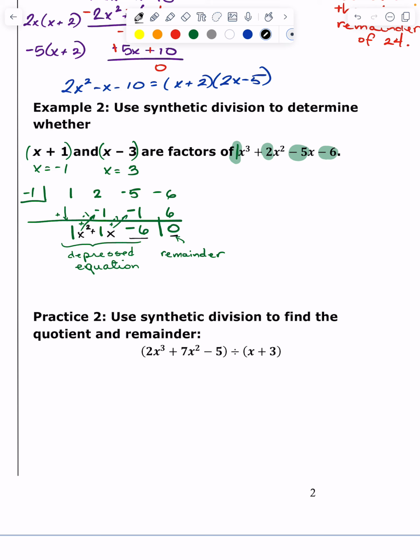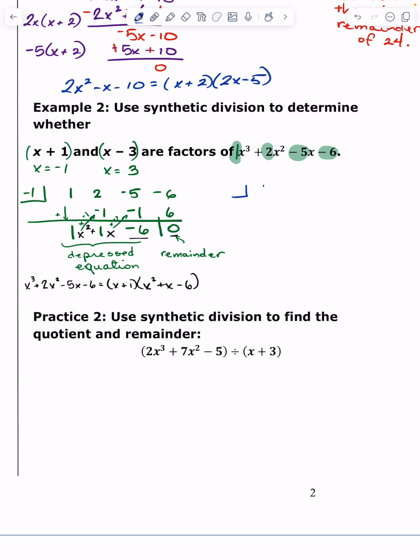My quadratic term. I know that x to the third plus 2x squared minus 5x minus 6 can be written as x plus 1 times x squared plus x minus 6. Of course, I've reduced this down to a quadratic at that point. We can use the quadratic formula, or we can factor that quadratic.